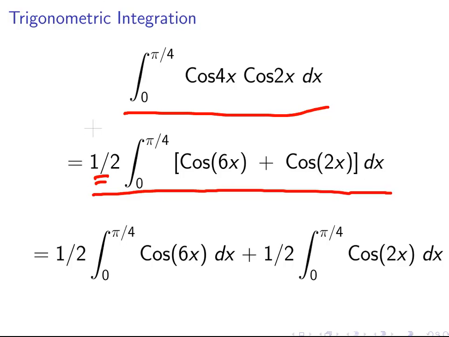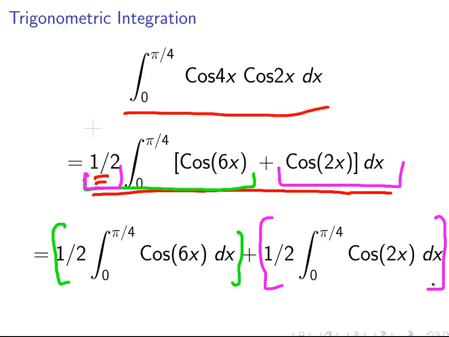So I'm going to separate the two terms here. I'm going to have this part here and make one expression out of it, and this part here, including the 1/2, I'm going to bring down here.